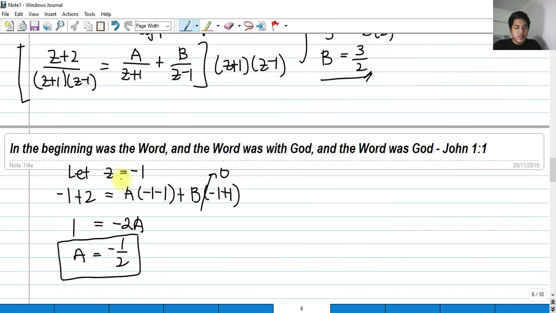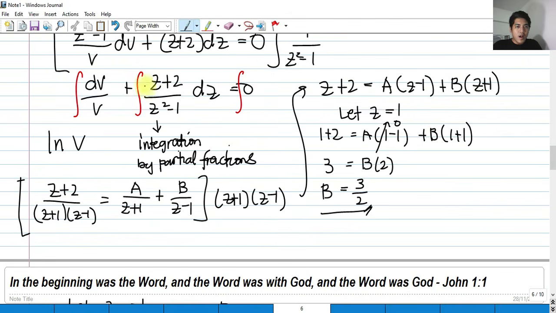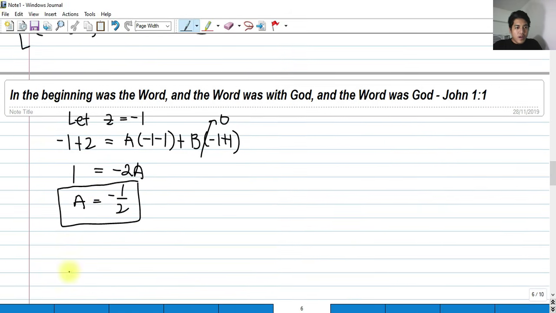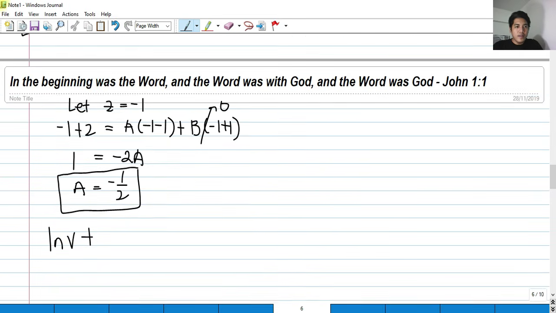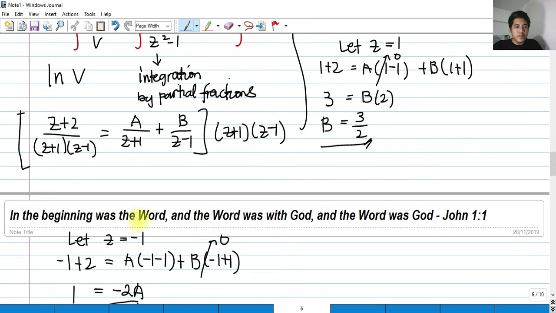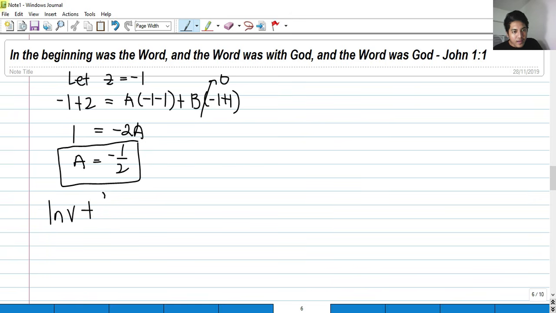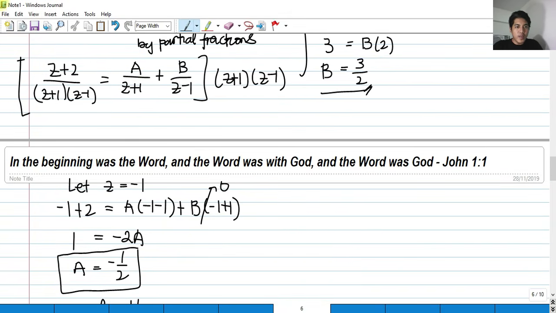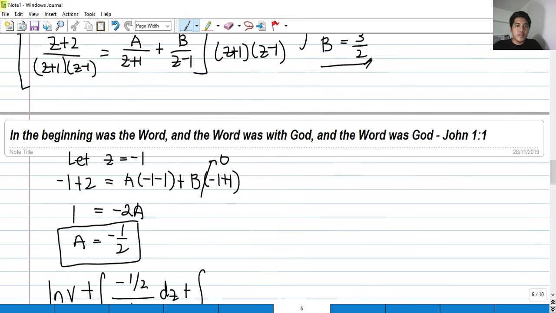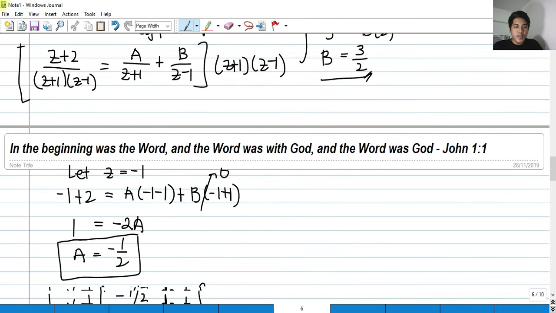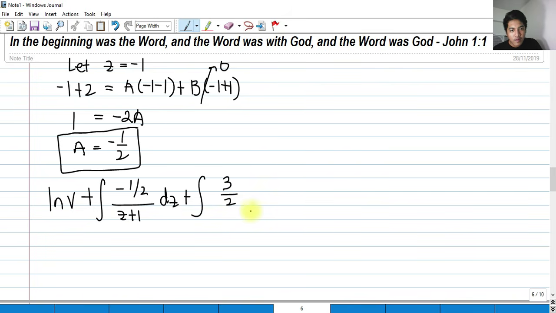So if we're going to put this back, our ln of v plus the integral of negative 1 half, which is the A, over z plus 1 dz, plus the integral of this B, the value of B is 3 halves over z minus 1.